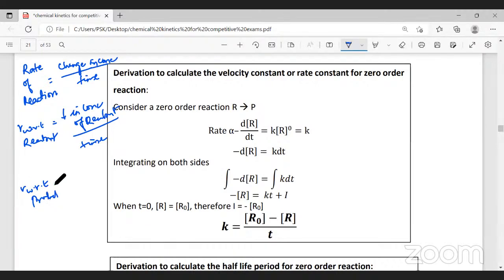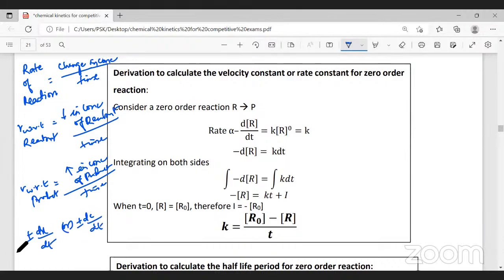What should happen when a reaction is taking place? The concentration of the product has to increase. So it is the increase in concentration of the product with respect to time. We represent the rate of a reaction as plus or minus dx by dt, or we also represent it as plus or minus dc by dt.